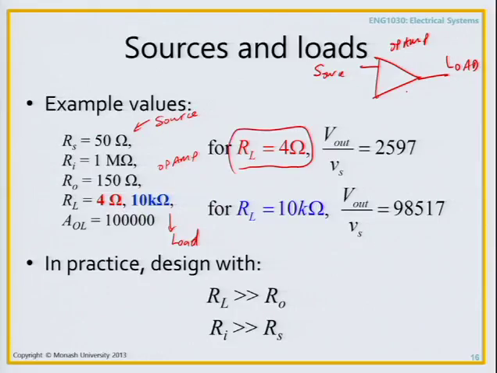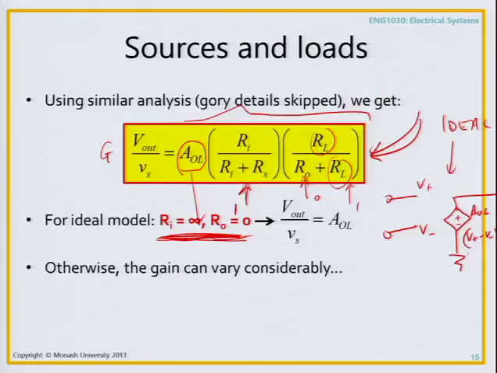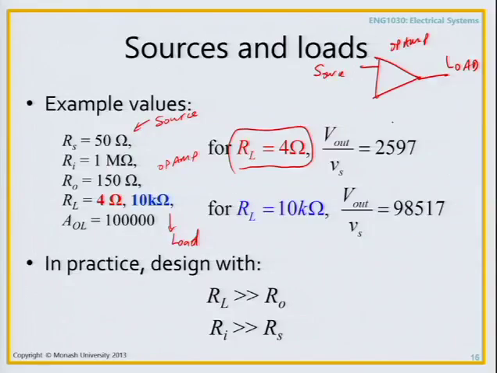If I take those values and plug them into this equation, I get Vout over Vs equal to something of the order of 2,600. Now, on the ideal model, we would get Vout over Vs equals AOL, which equals 100,000.